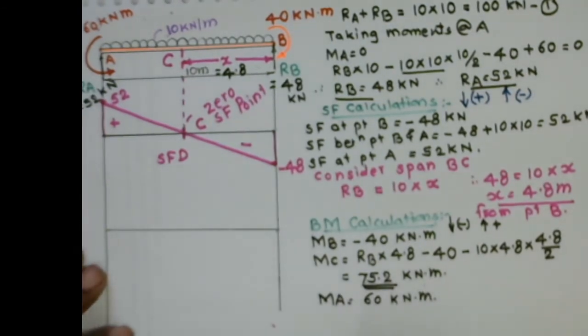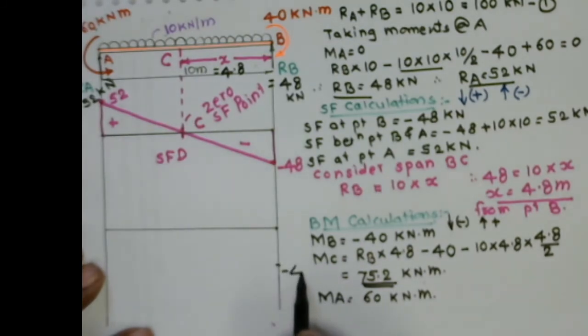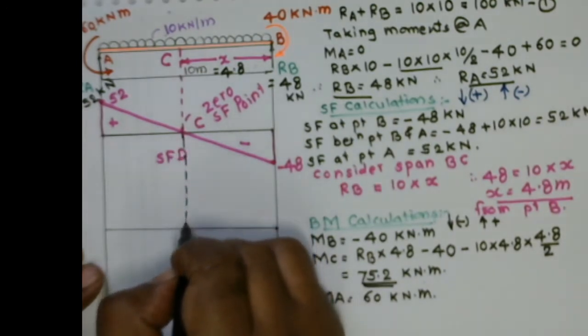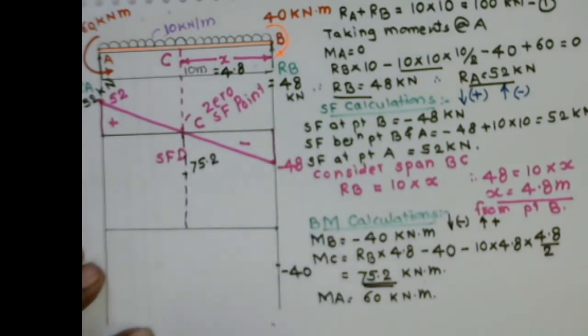Now all values are known. We have to plot the bending moment diagram. At point B, bending moment is minus 40. At point C, it is positive 75.2 kilonewton meter.